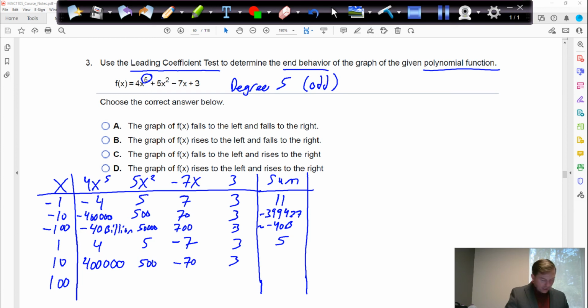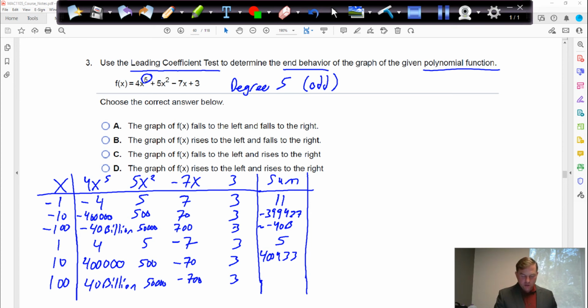And so these will add up to 400,433. But then here I'm going to get 40 billion positive. And then I'll get another 50,000. And then a negative 700 now, and 3. And this 40 billion is not even barely altered by these other terms.